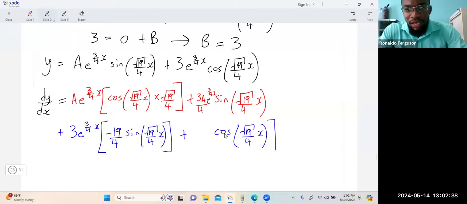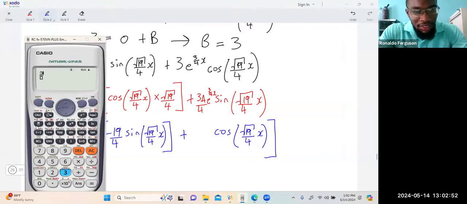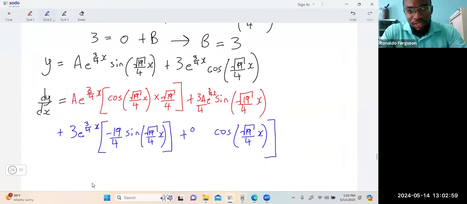Then you multiply, of course, by the derivative of the first, and the derivative of 3/4 x is 3/4, and then we multiply the 3/4 times 3. 3/4 times 3 is 9 over 4. So this is now 9 over 4 ae to the 3/4 x.